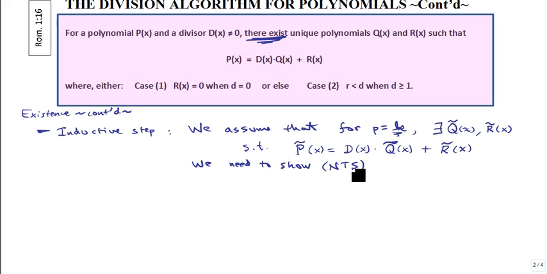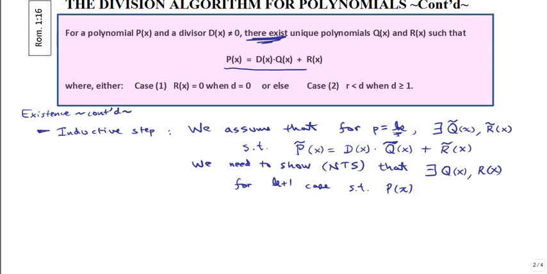We need to show that there exists a q and an r polynomial for the k plus 1 case such that, of course, the statement of the theorem which is written here holds, meaning that I can write this in this fashion.